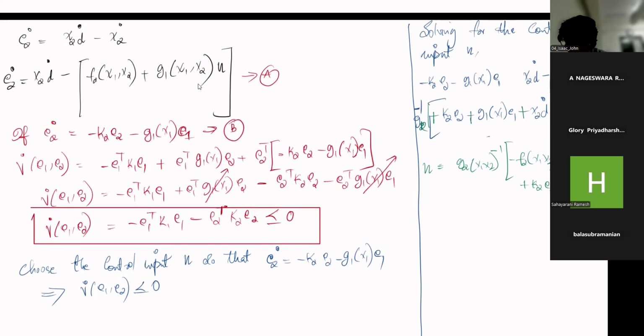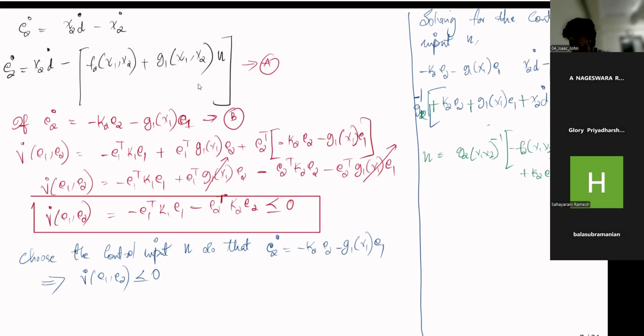So that's about this kind of cascaded control. You would use the control input for the second subsystem so that the first subsystem can also be asymptotically stable. So it goes from a kinematic loop then into a dynamic loop actually. That's why it's called a cascaded loop.